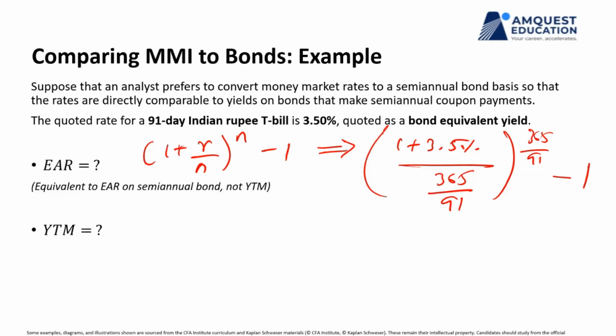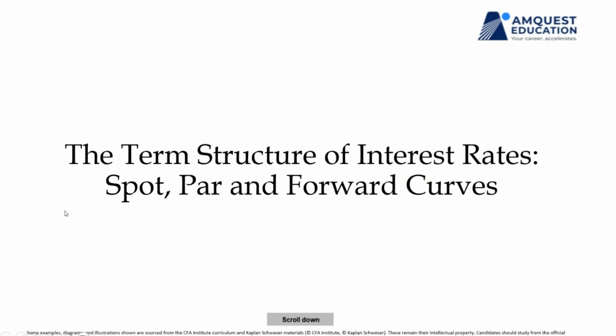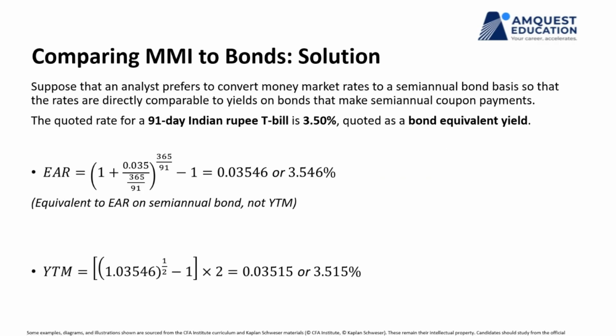It's a simple adjustment for periodicity. So equivalent annual rate, and just use that to do the YTM.